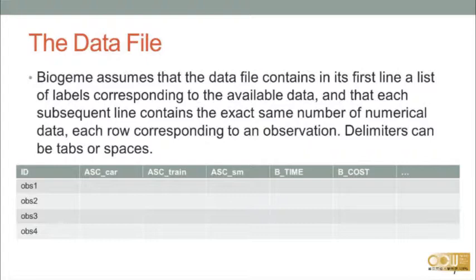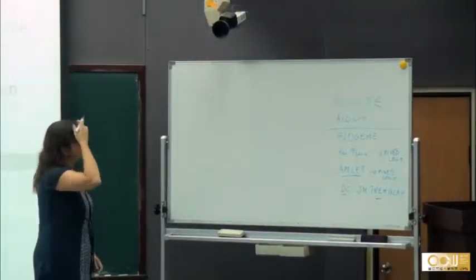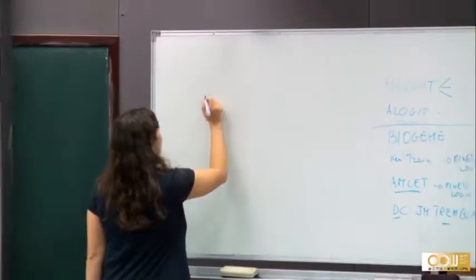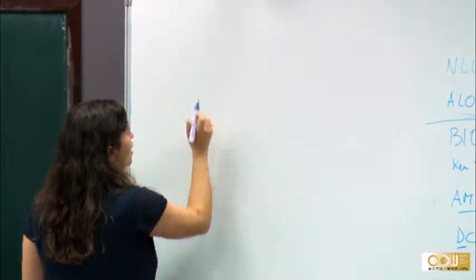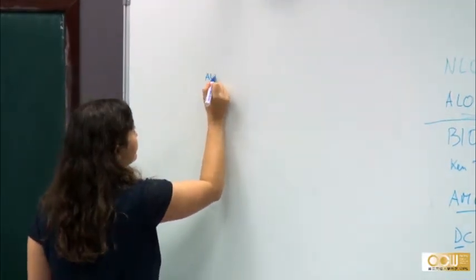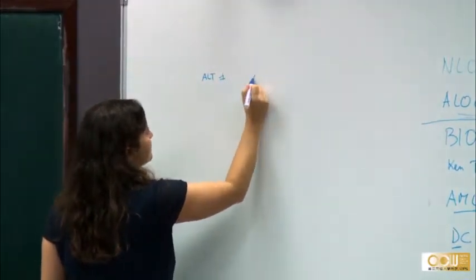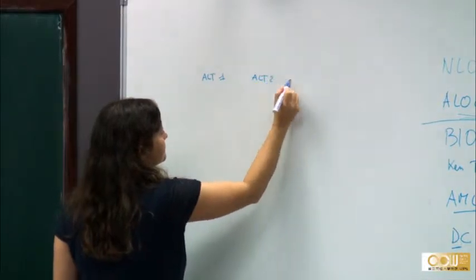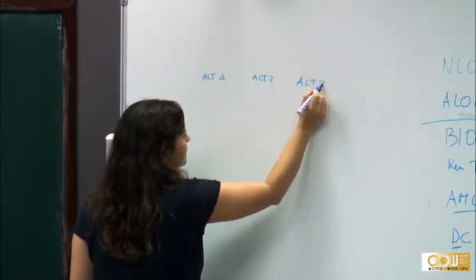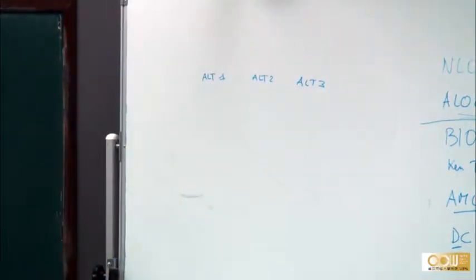What does it mean? It means that instead of having these long lines, you have something different. You have the alternatives on the columns, for example, here we have 3 alternatives, right? And then on the lines, you have the different variables.